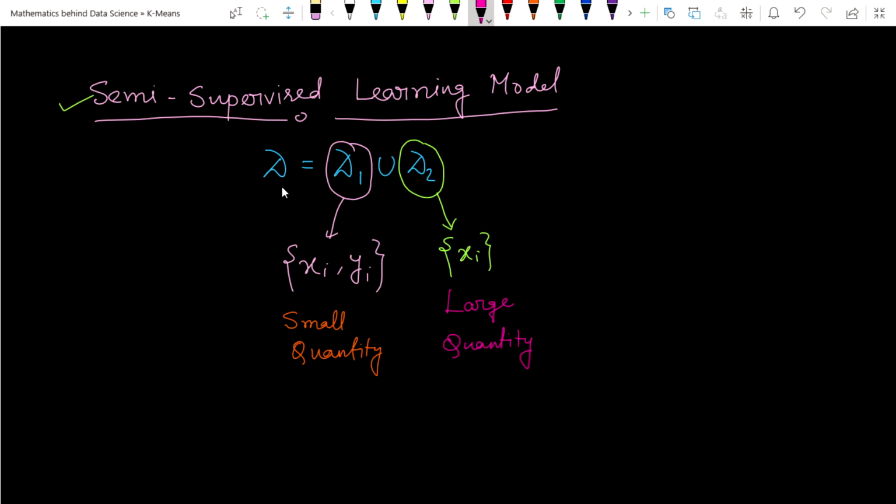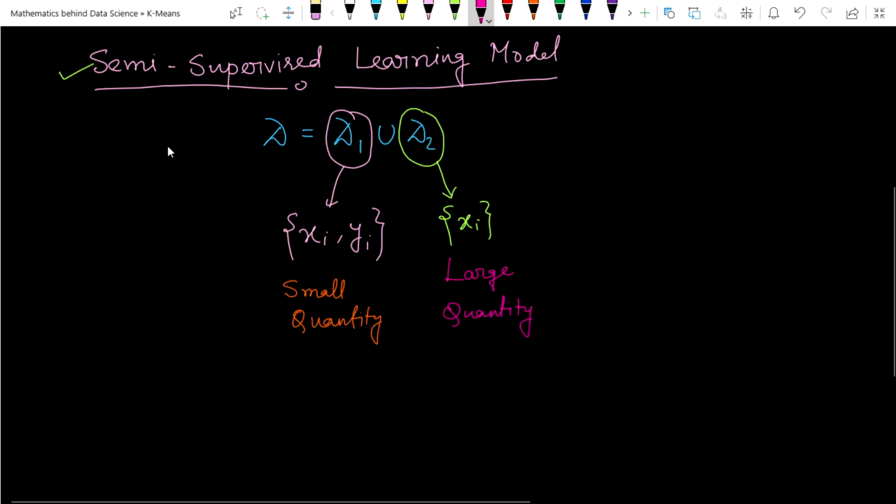In such situations, the models that come into the picture are semi-supervised. Okay, so this is not the main motto of this series. In one of our later series, we will discuss how semi-supervised learning models actually work.